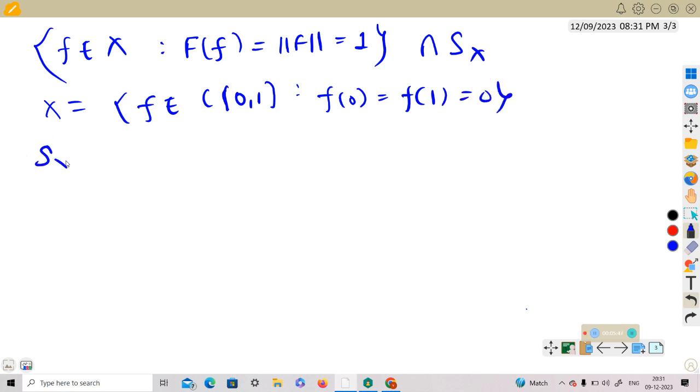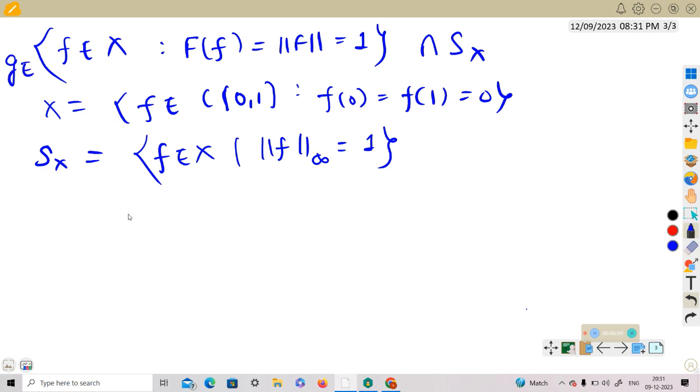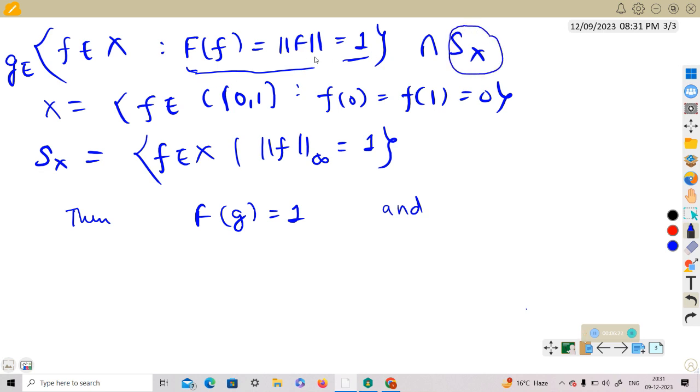What is S_X? S_X is equal to f belonging to X such that the infinity norm of f is equal to 1. Let's just assume that if some g belongs to this, then F(g) is equal to 1, because it is from this set, and g belongs to S_X because it belongs to the intersection of both.